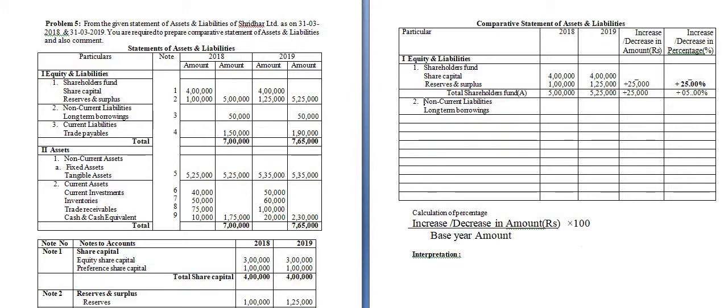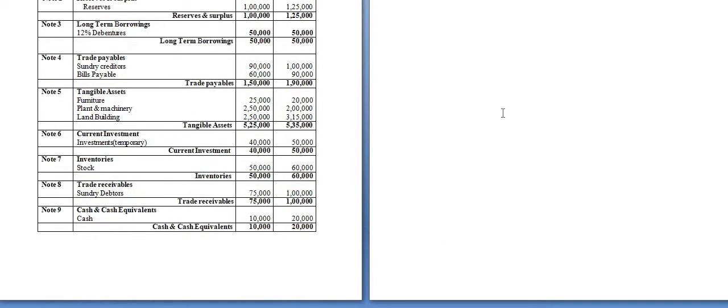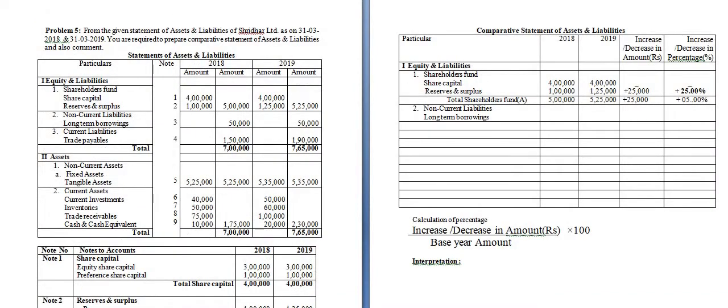Now we will check here the details of non-current liabilities, that is long-term borrowings. Which long-term borrowings are there? 12% debentures of rupees 50,000. As there is no change in the amount of long-term borrowings, it means the firm has not repaid the long-term borrowings, that is 12% debentures.